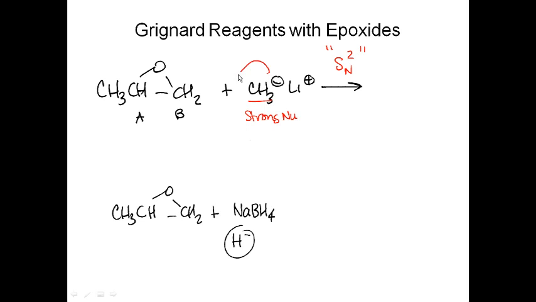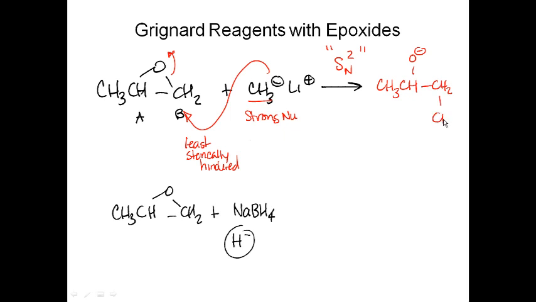So the CH3- is going to come in. It's going to attack B because that's the least sterically hindered. And when the CH3 comes in and attacks that, a pair of electrons moves to the oxygen so that I form an alkoxide. And now my CH3 added to carbon B. Okay, same problem as before.